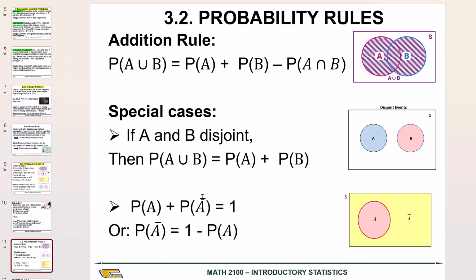A or B will be the shaded area, which is the event we consider on the left-hand side of the equation.